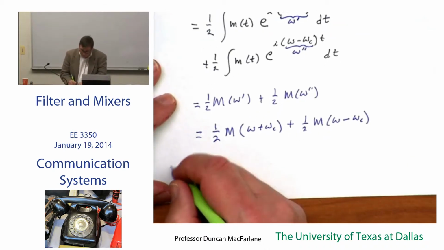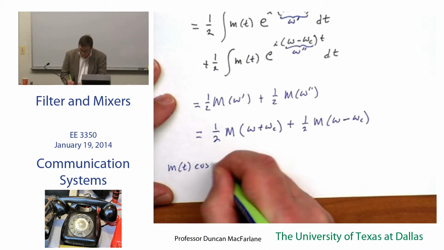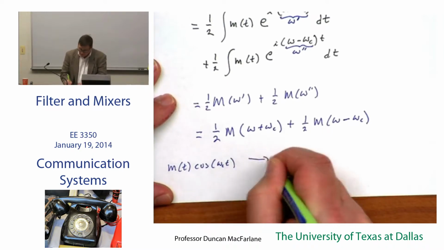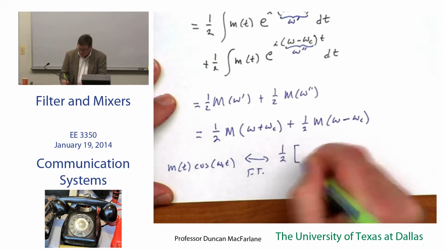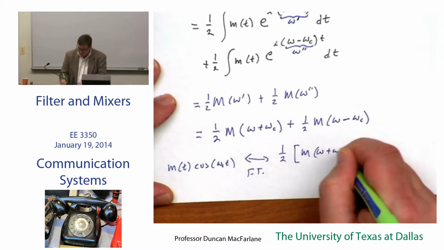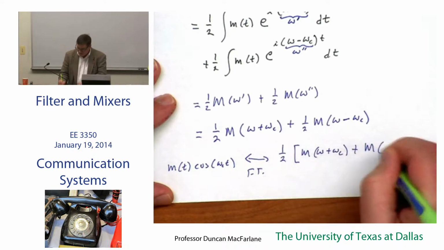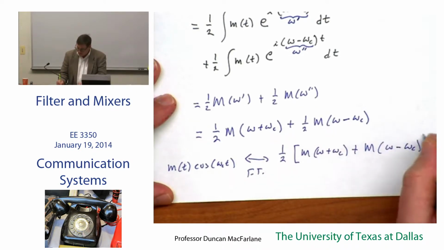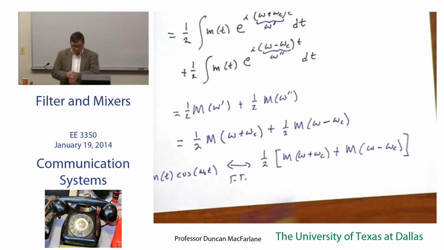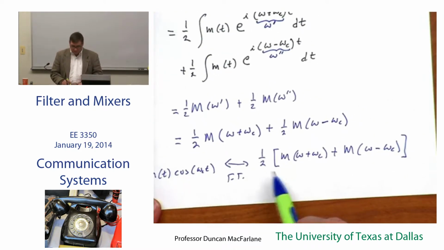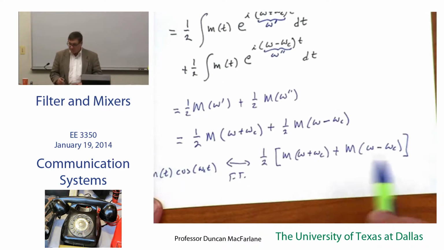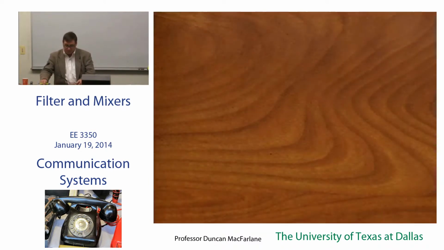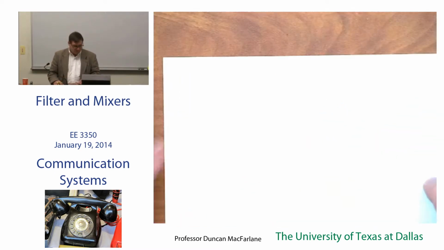So just to summarize, this m of t cosine omega ct, the mixing of the message signal with the carrier signal shifts my frequency content out to plus omega c and minus omega c.